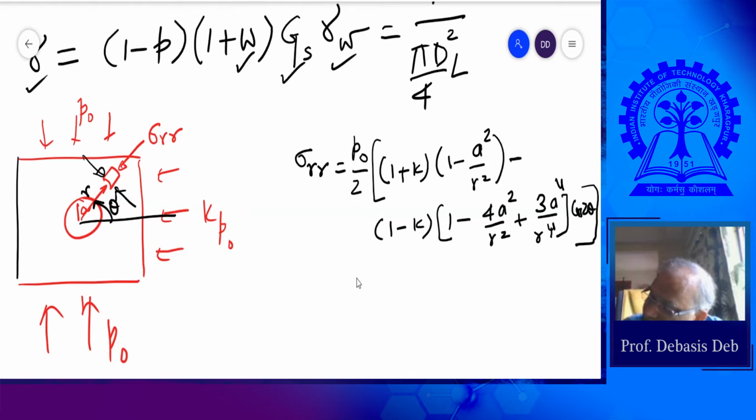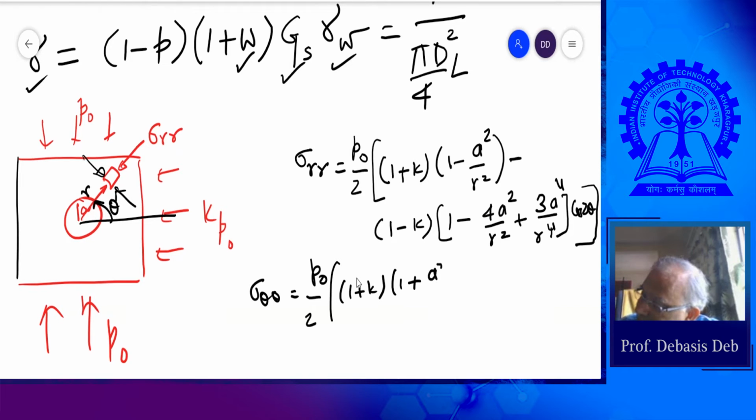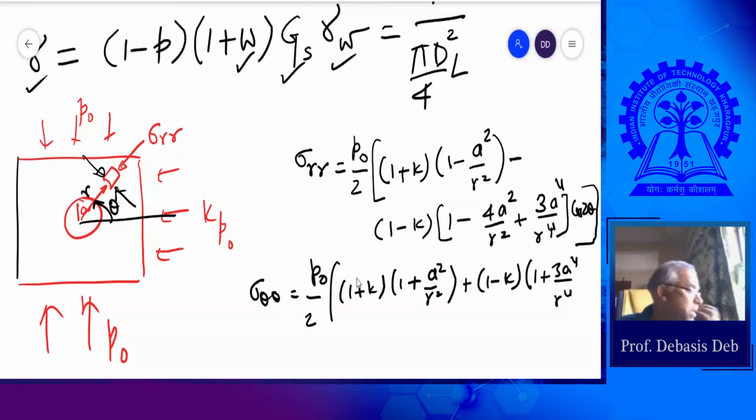Now sigma theta theta, similar to this, is 1 plus K, only here it is 1 plus a squared by r squared. Then here it is not minus, it is plus 1 minus K, 1 plus 3 a to the power 4 by r to the power 4. And this cos 2 theta remains the same.